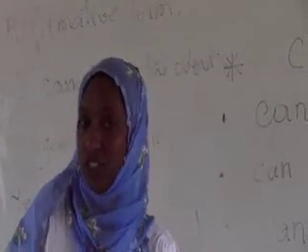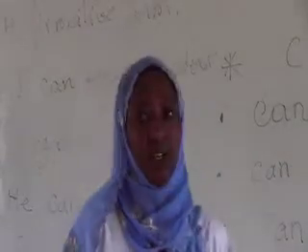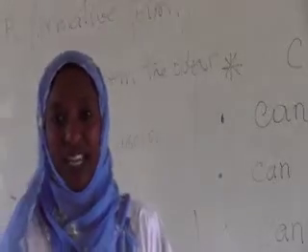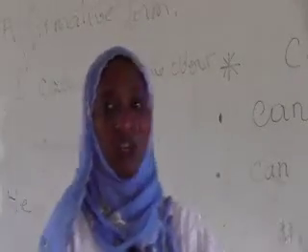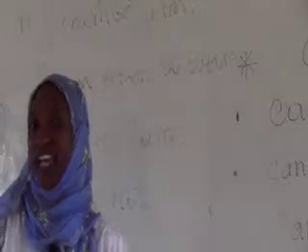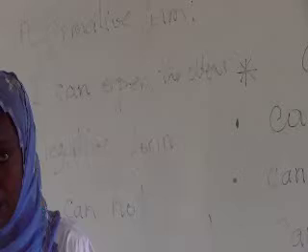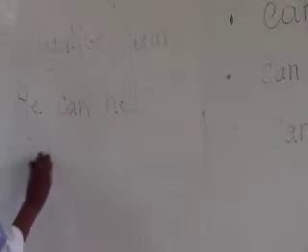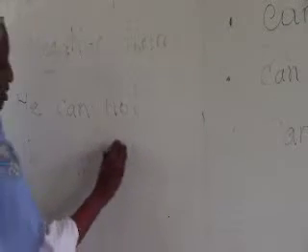He cannot ride a bicycle, for example. I can drive a car, he cannot ride a bicycle. Okay? I can sing in Chinese. She cannot speak Bambara, for example. So here, this is a negative form. The negative form is cannot, or can say also can't.